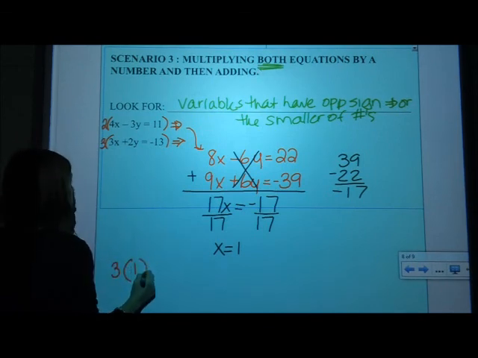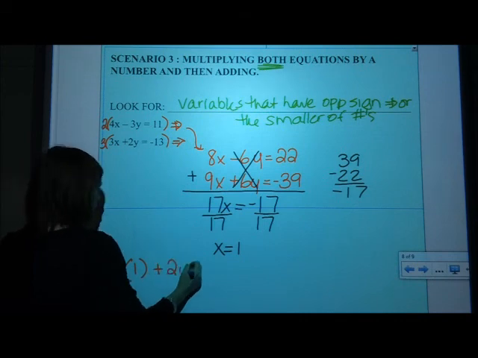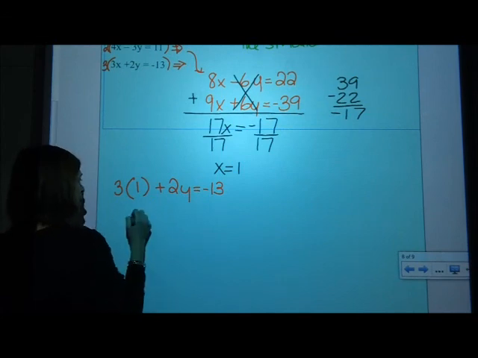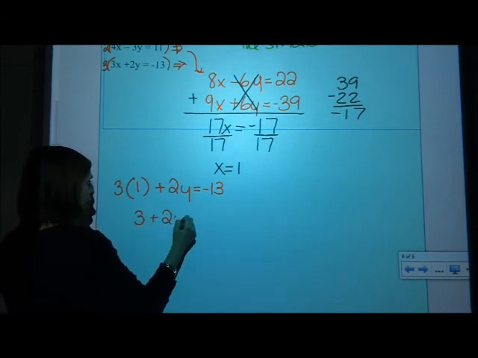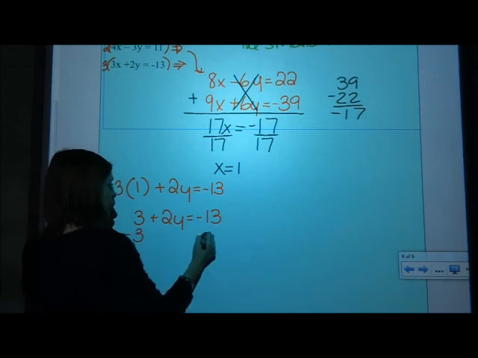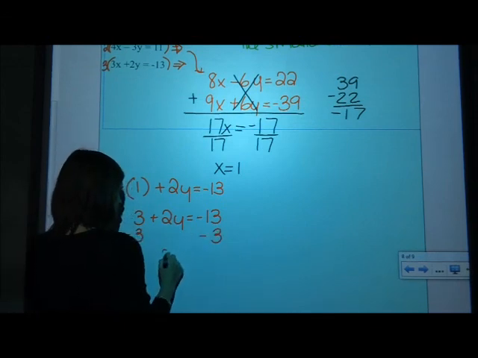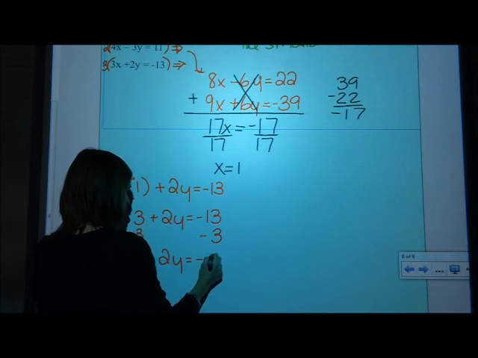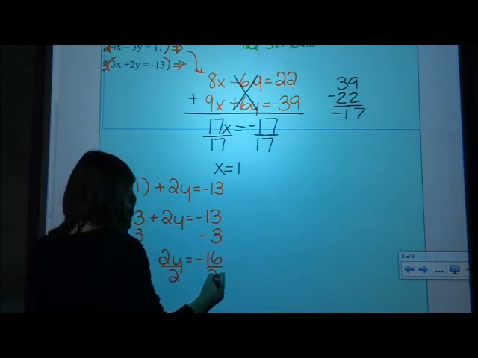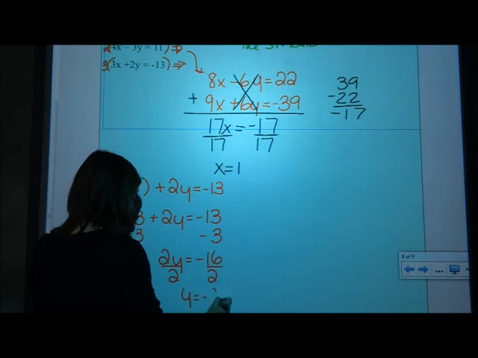So 3 times negative 1 plus 2y equals negative 13. Okay? So we get negative 3 plus 2y equals negative 13. We add 3 to both sides, so we get 2y equals negative 10. Divide by 2, and y equals negative 5.